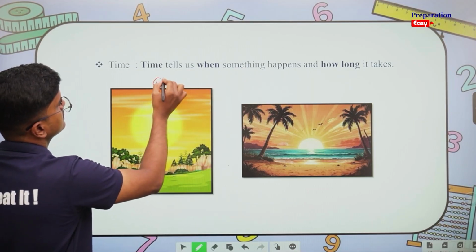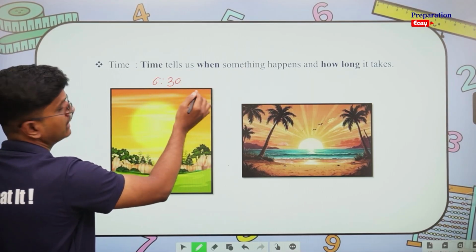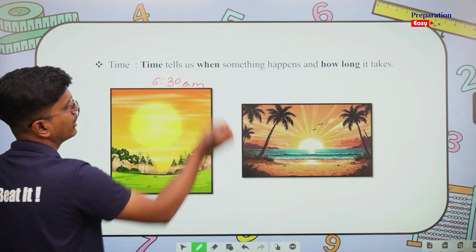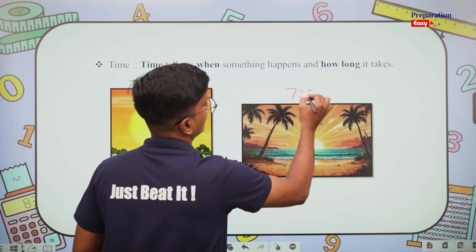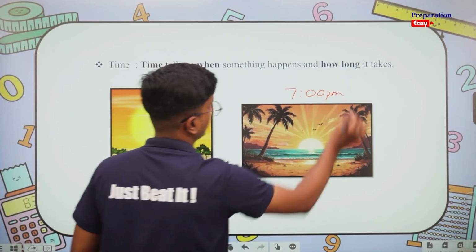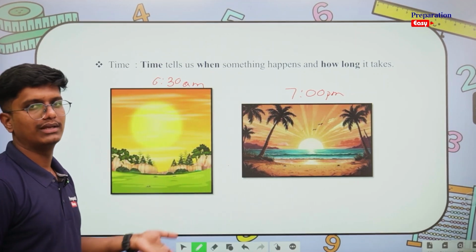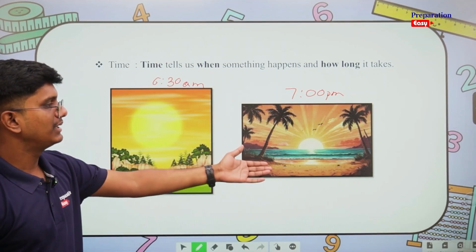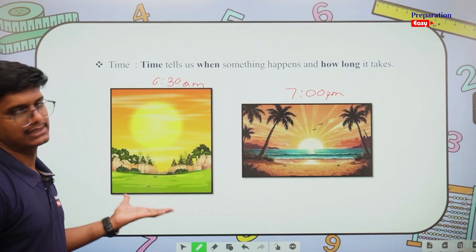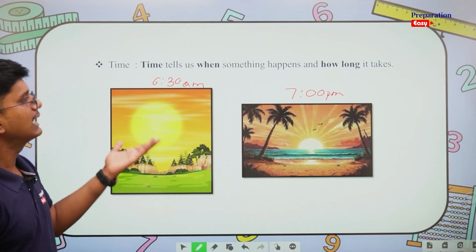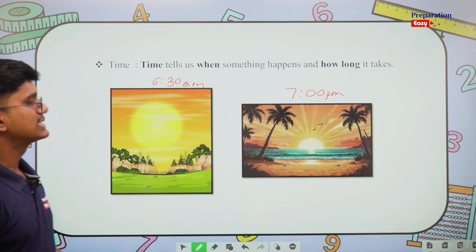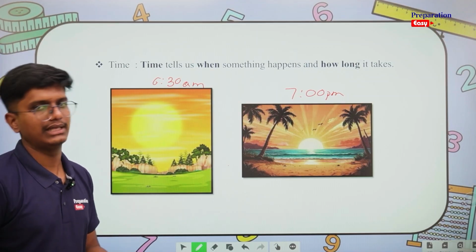Sunrise is at 6:30 in the morning, and sunset takes place around 7 p.m. in the evening. So they have some defined time to come and go. At 7 p.m. the sun goes down, at 6:30 a.m. the sun comes up, the sun rises. So time tells us when something happens and how long it will take, right?